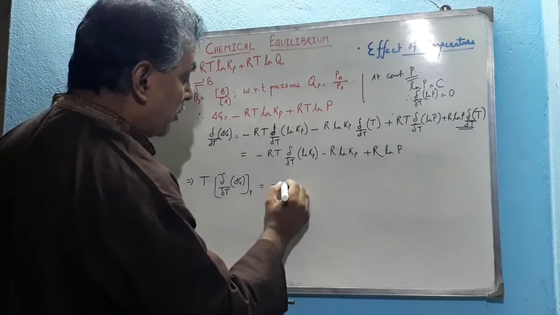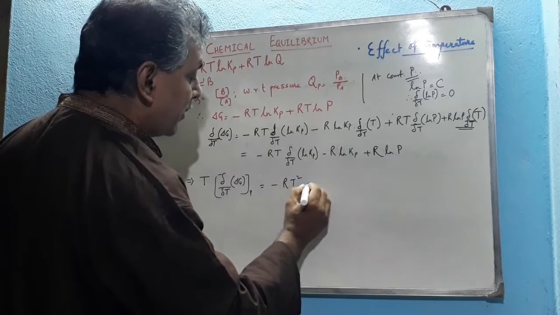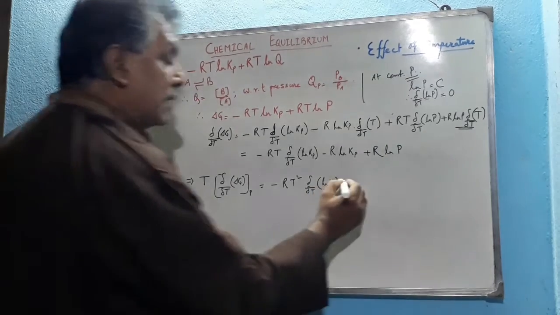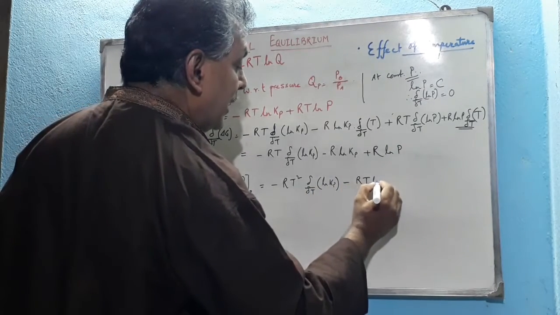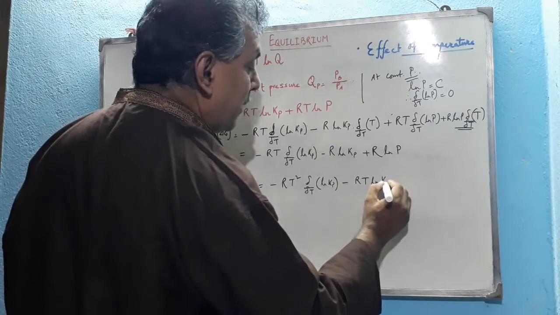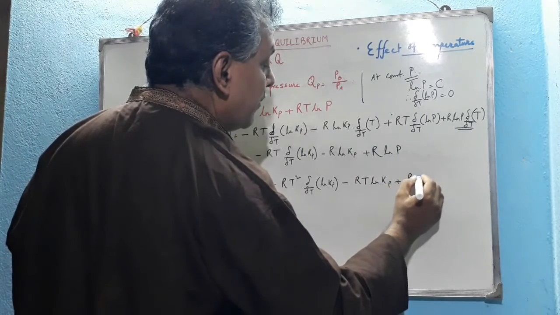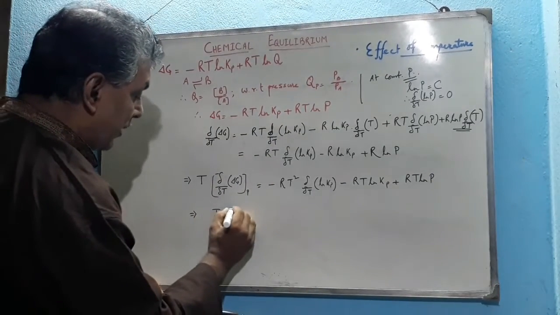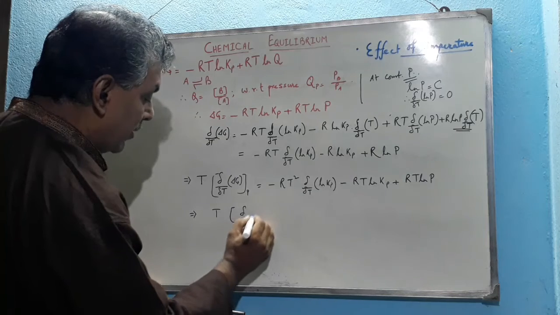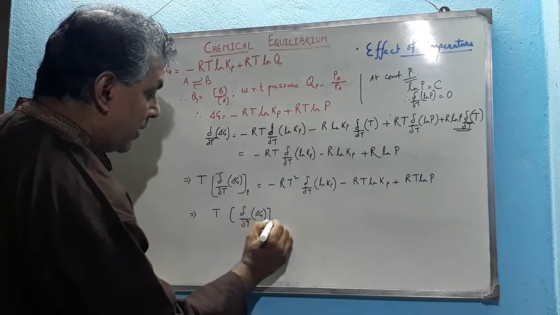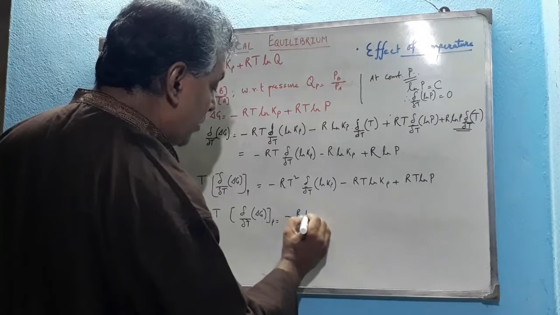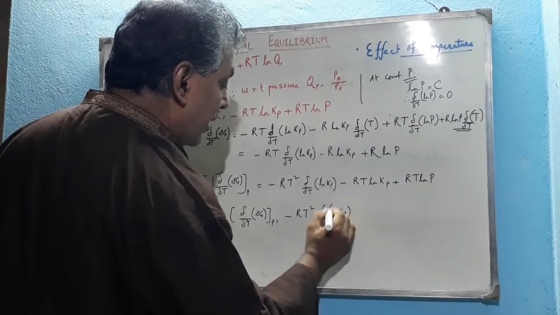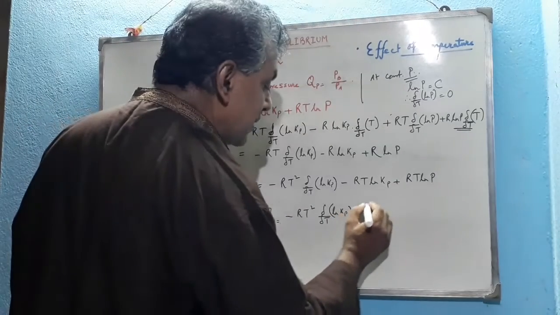By multiplying T on the right hand side, we get RT square del T at constant pressure of ln Kp minus RT ln Kp, because it is also multiplied by T, plus RT ln P. Now again we can write del G at constant pressure equal to minus RT square del T of ln Kp, taking this part plus this part as constant.